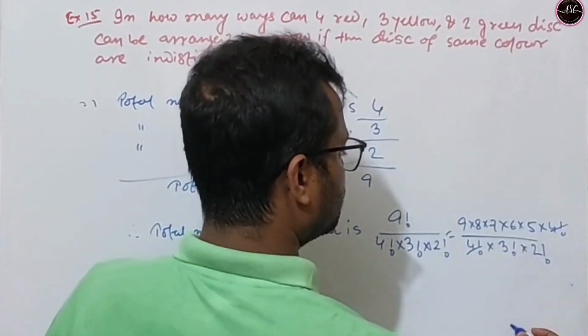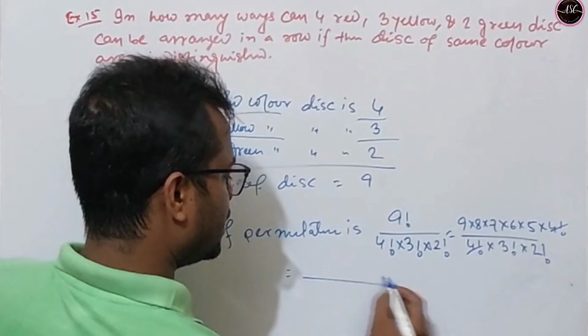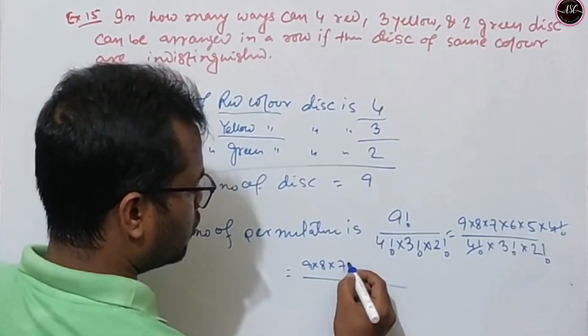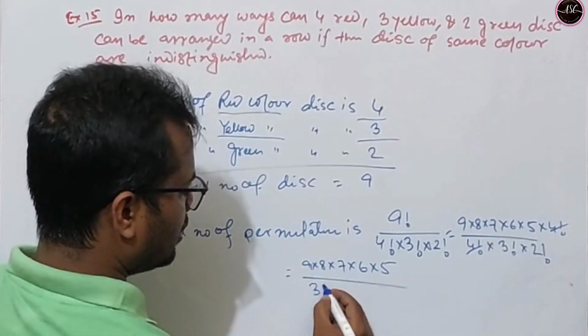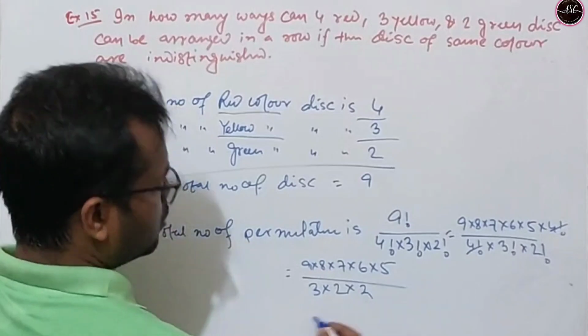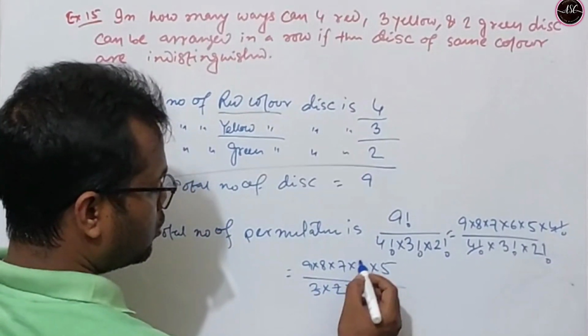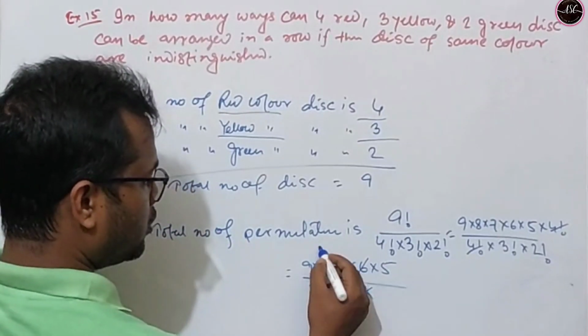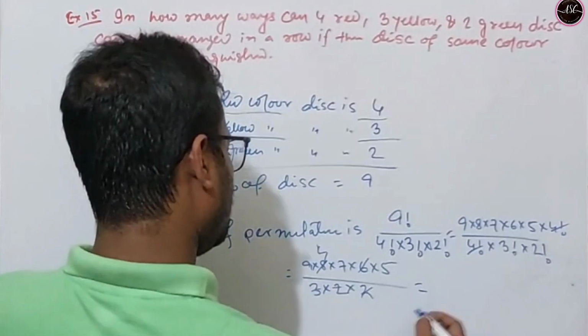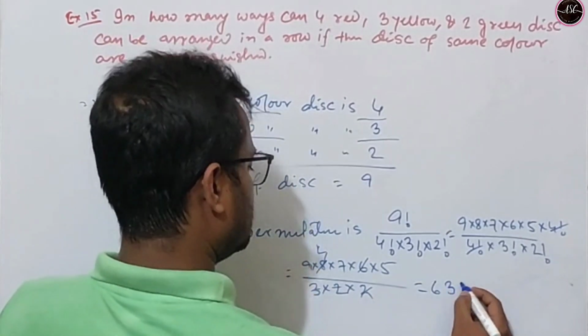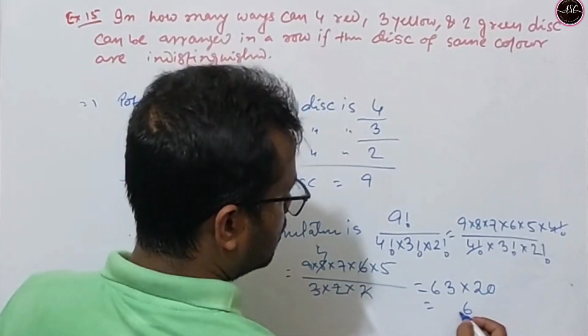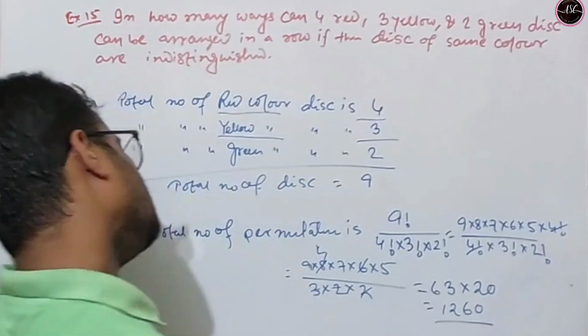Cancel out these 2, and we can write 9 into 8 into 7 into 6 into 5 divided by 3 into 2 into 2. Cancel out 3, 2, 6, and 4. Therefore, we have 63 into 20. That means 1260.